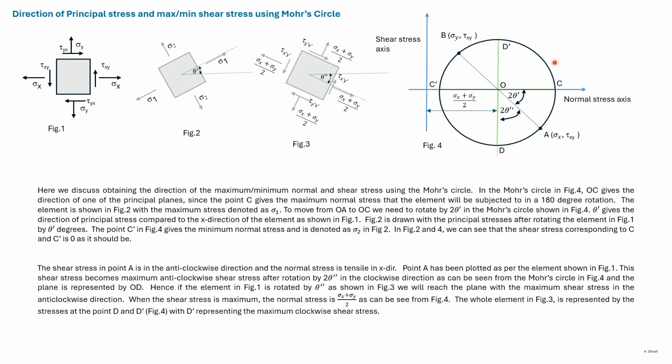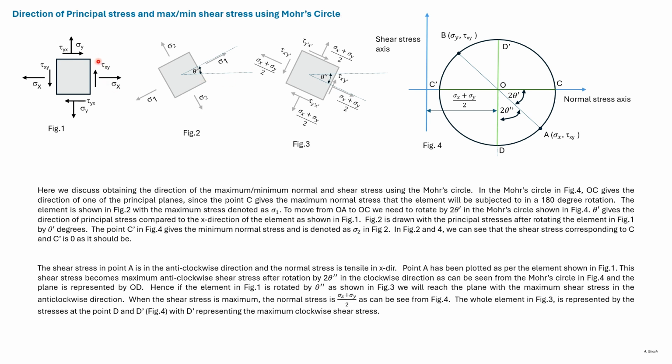From the Mohr circle, we can see that point C represents the highest normal stress. So OC gives the plane corresponding to the maximum principal stress. In this case, we see that if we rotate OA by 2 theta dash in the counterclockwise direction, then we reach OC.